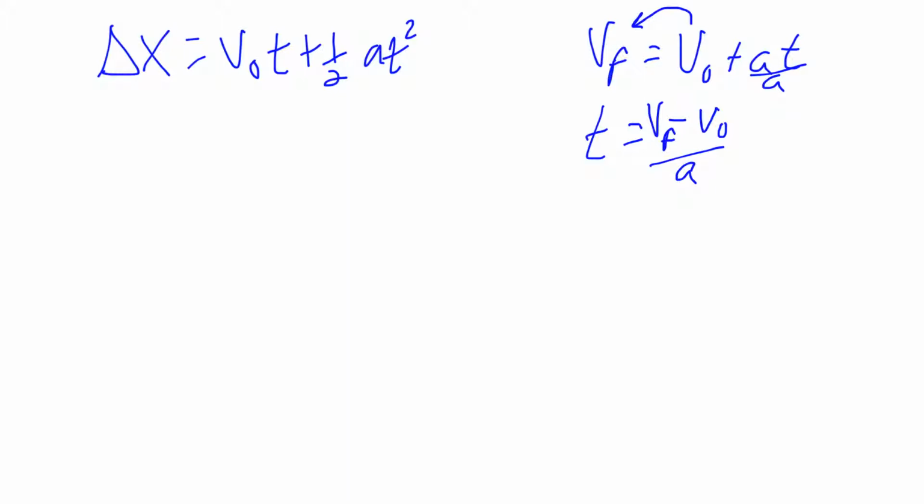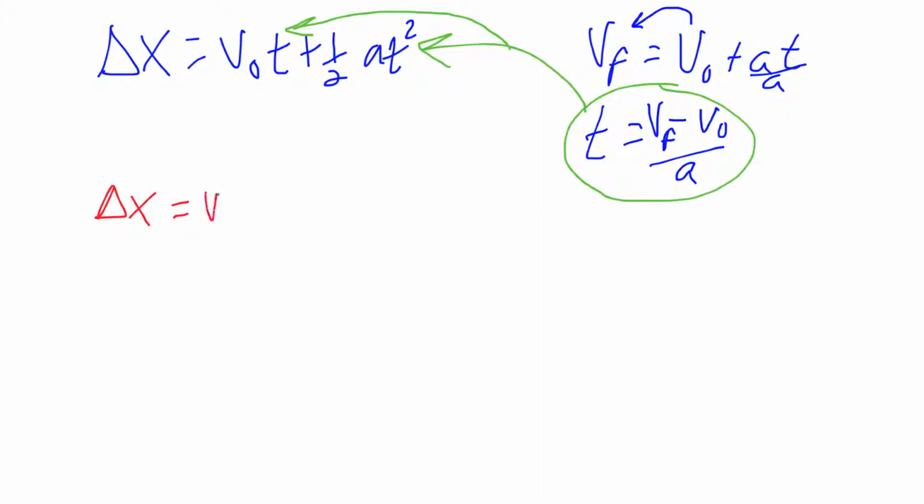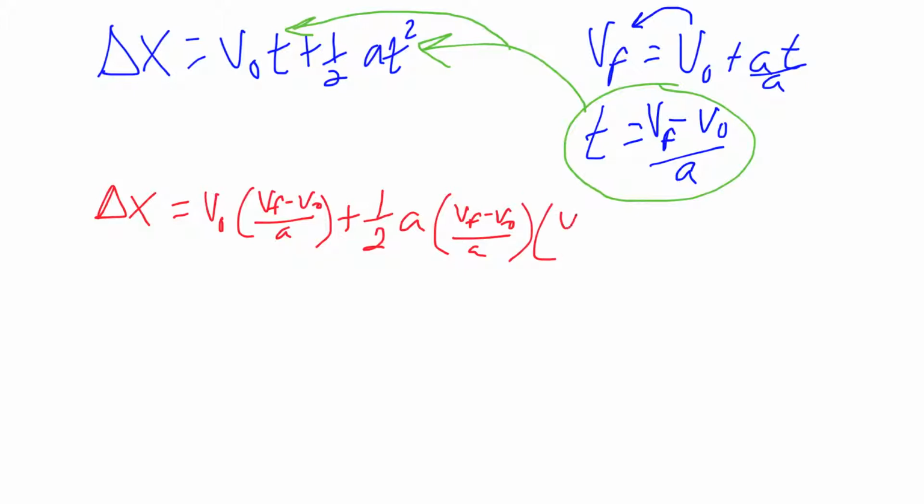We can take that value and put it in for the t's in this equation. So we've got delta x equals v naught times v final minus v initial over acceleration, plus 1/2 acceleration times v final minus v initial over acceleration times v final minus v initial over acceleration, because that t is squared.